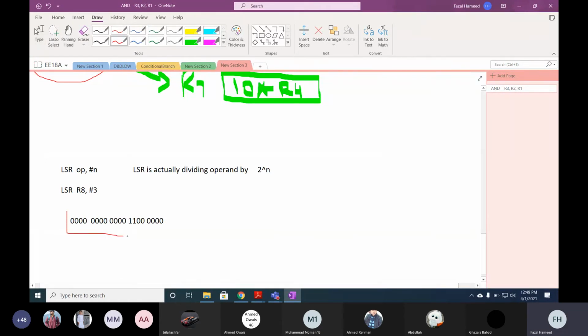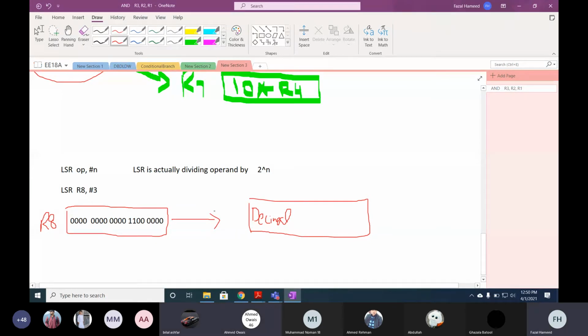This is the value of R8 before the execution of this instruction. So what is the decimal value? 64 plus 128, if you add them, the result is 192. Am I right or not? Right, sir. So the decimal value is 192.